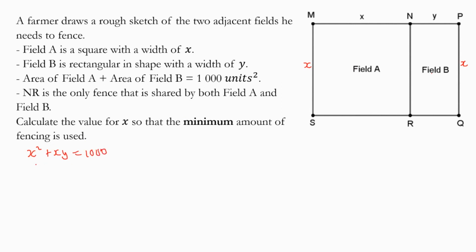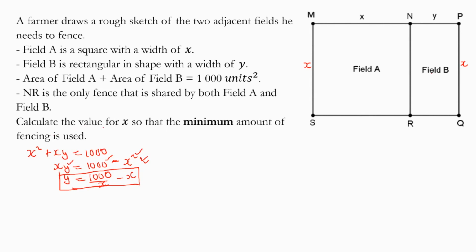Then we transposed x squared, so xy is equal to 1000 minus x squared, and divided everything by x. We got that y is equal to 1000 divided by x minus x. So this is y in terms of what? In terms of x. y is equal to 1000 divided by x minus x, after dividing everything by x.